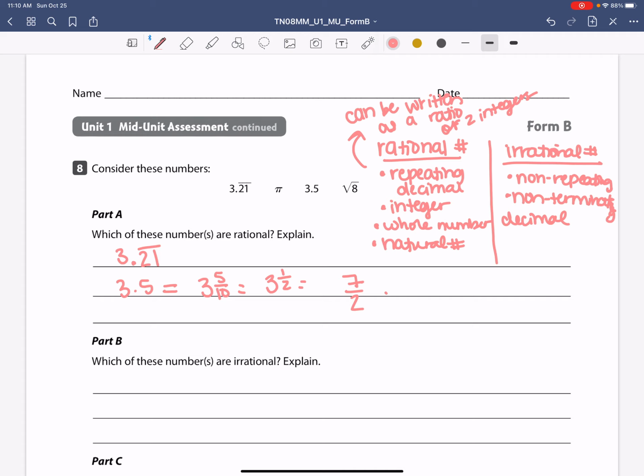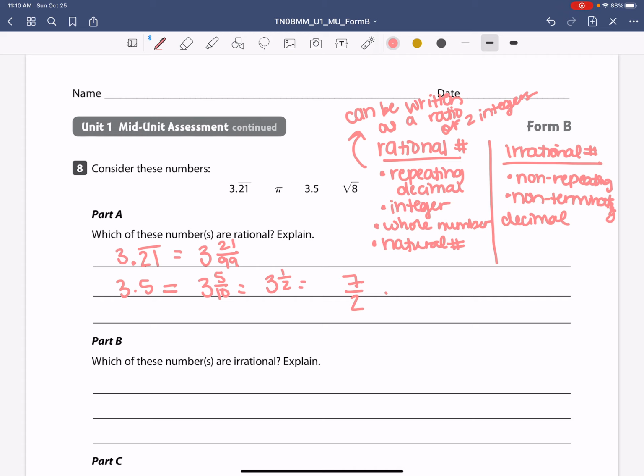Same thing I can say for 3.21 repeating, which will be 3 and 21 over 99, which I can simplify, but I can then just change my mixed number to an improper fraction.